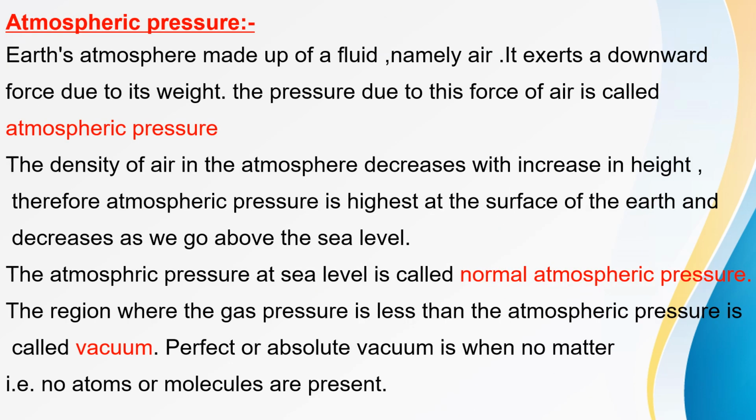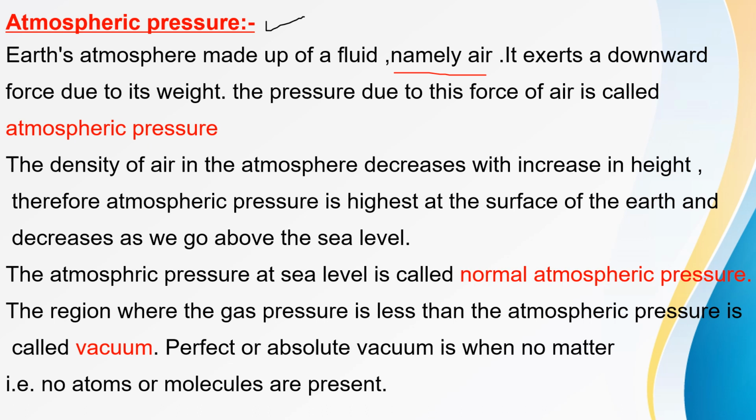Now, atmospheric pressure means what? The Earth's atmosphere is made up of a fluid, namely air. It exerts a downward force due to its weight, and the pressure due to this force of air is called the atmospheric pressure. The density of air in the atmosphere decreases with increase in height, and therefore the atmospheric pressure is highest at the surface of the earth and decreases as we go above sea level.